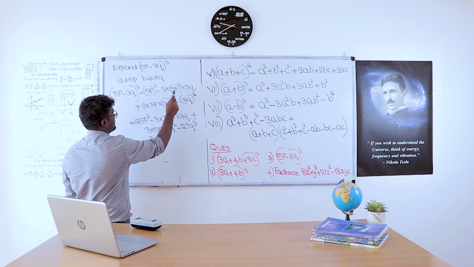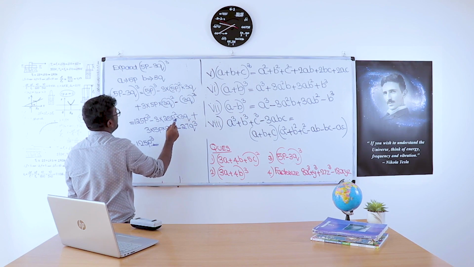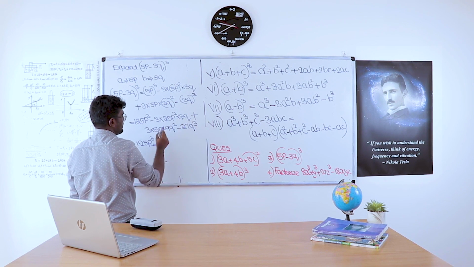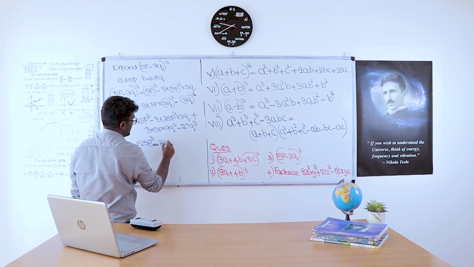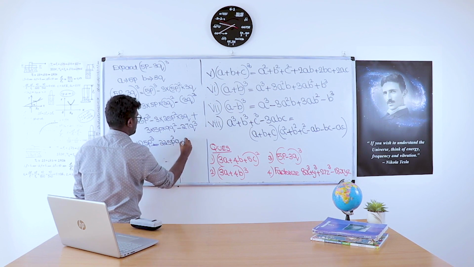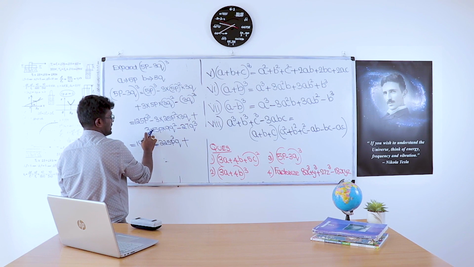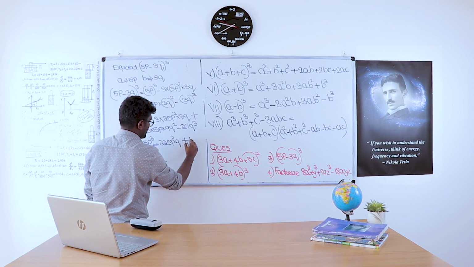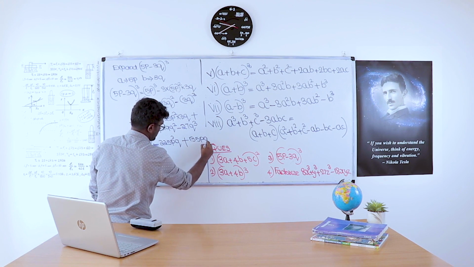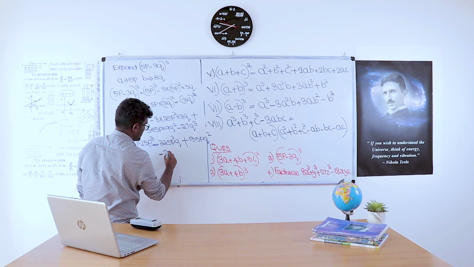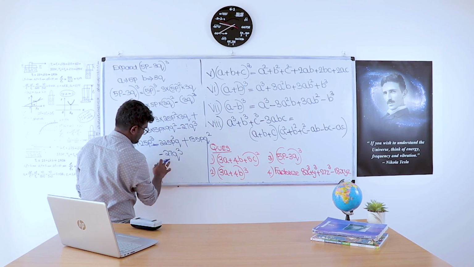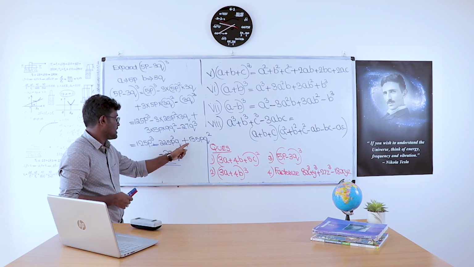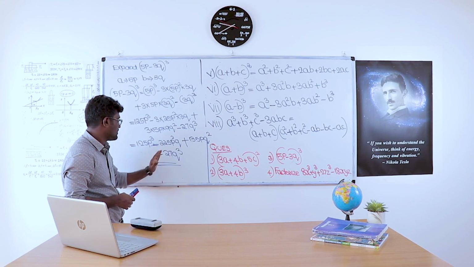Right. 3 into (5p) the whole square, 5 square is 25p square, into 3q. That is 3 into 3, 9. 25 into 9 is 225p square q, plus 9 into 3, 27 into 5. 27 into 5 is 135, right? 135pq square minus 27q cube. So 125p cube minus 225p square q plus 135pq square minus 27q cube.